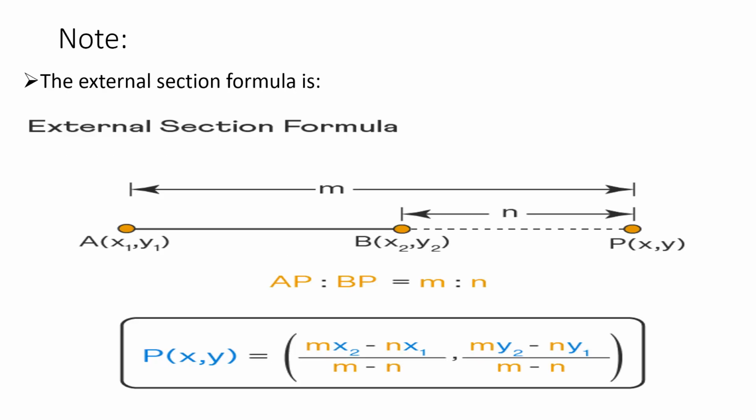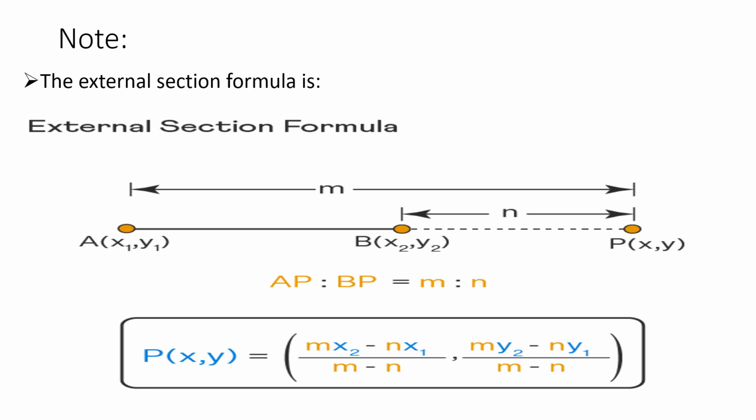See, we have seen the internal section formula. In the starting I had said that the point which divides the line segment can divide it internally or externally. You just have the internal section formula in the syllabus this year. But suppose external section formula needs to be used for further studies, you can use it as given over here.